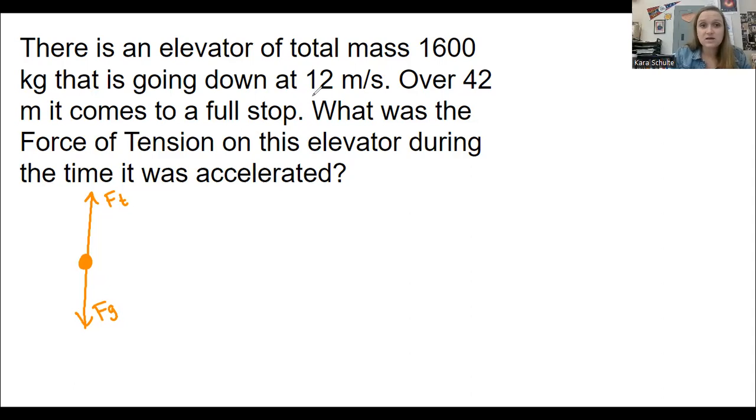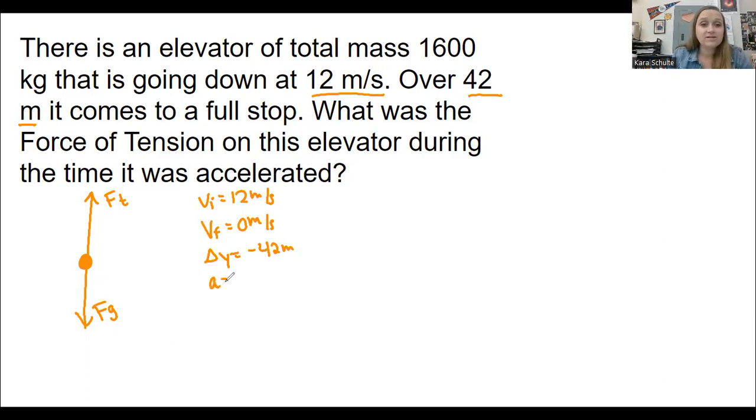Now, I have some kinematic values given to me. Our initial velocity is 12 meters per second. We're going to come to a full stop, so our final velocity is 0. We're going down, so our change in y is going to be negative 42 meters because it's moving downwards.